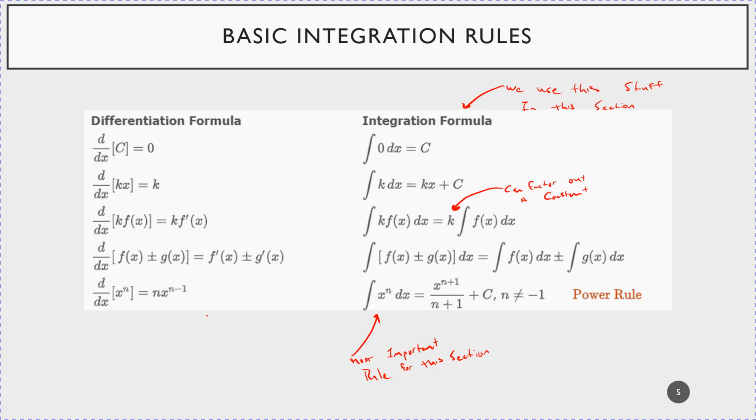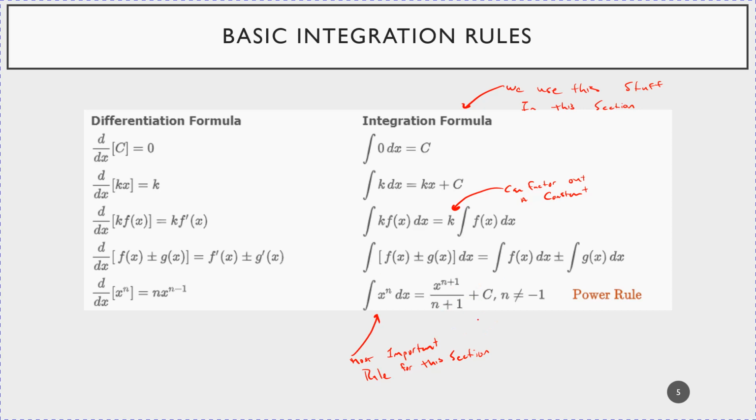So the way it works with integration is instead of multiplying, we divide, and instead of subtracting, we add. So if you're going to integrate x to the n, and this is when n is not equal to -1, so we'll talk about that case later on, with respect to the x variable, this is going to be equal to x to the n plus 1 divided by n plus 1 plus c.